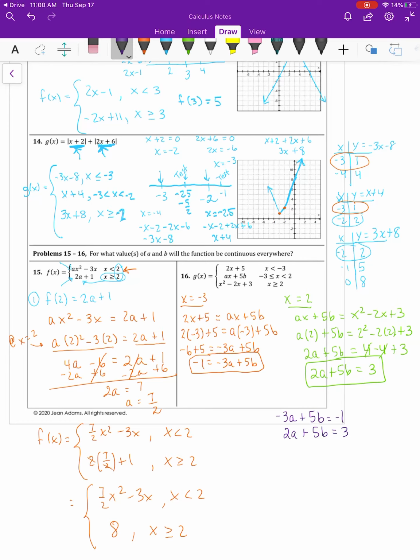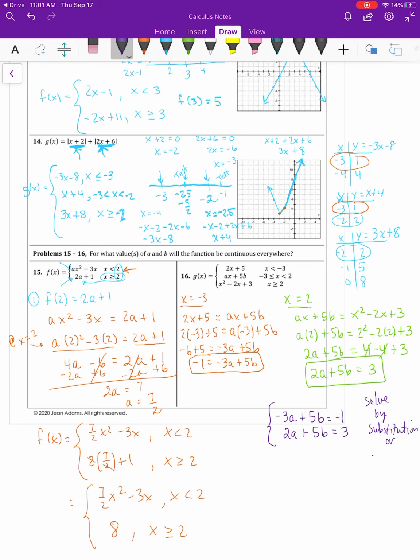For at -3 and at 2, because I want this to be completely continuous, not just continuous at -3 or just continuous at 2. I want them continuous at -3 and 2. So I'm going to take those two equations and solve by substitution or elimination.